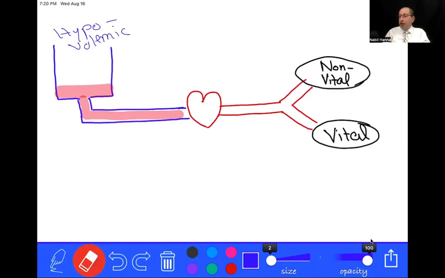So hypovolemic shock, the problem is in the reservoir, empty reservoir, low blood volume. If you have low blood volume, it's obvious that you're gonna have shock. The second type of shock is a cardiac problem.